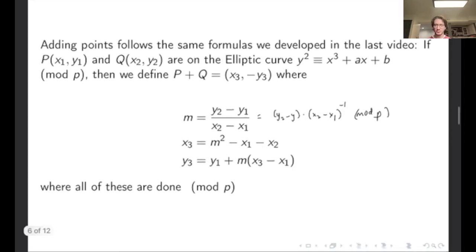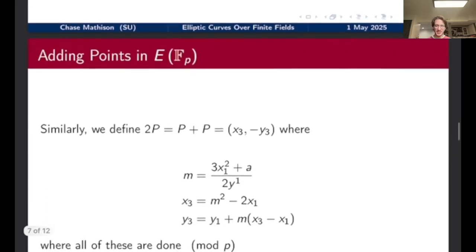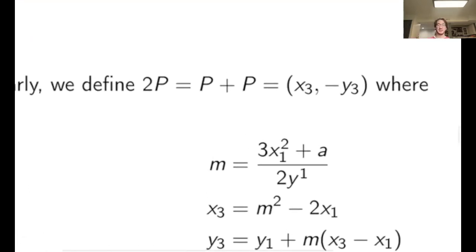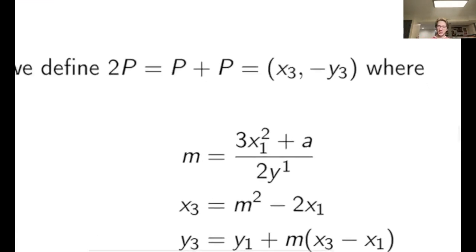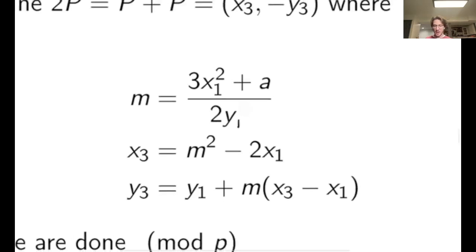Okay. All right, and how do I double a point? Just like we did last time. So 2 times P, that's the same idea as P plus P. And to get P plus P, that slope, we had to look at, sorry, that should be a y. The 1 there should be a subscript. There we go.